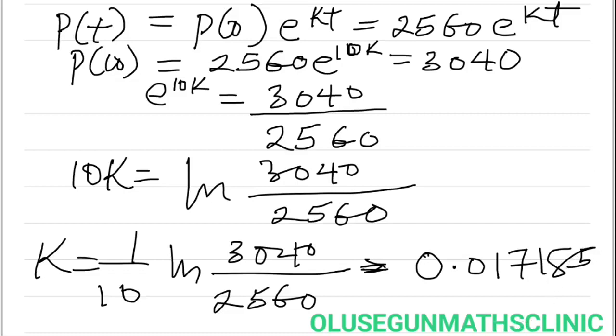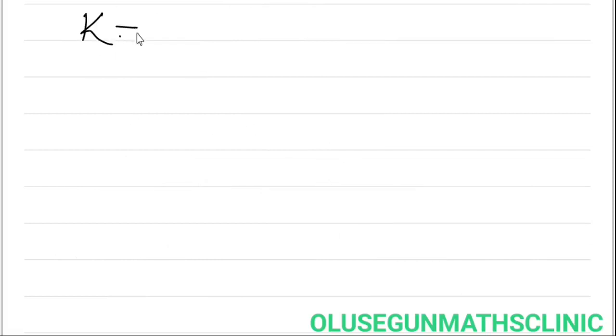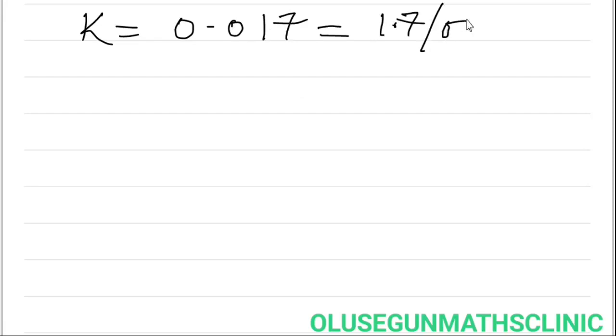So what is the relationship between them? We can see that k can be represented as a percentage. Let's have k equal to 0.017, so it can be written as 1.7 over 100, which is a 1.7% increase.